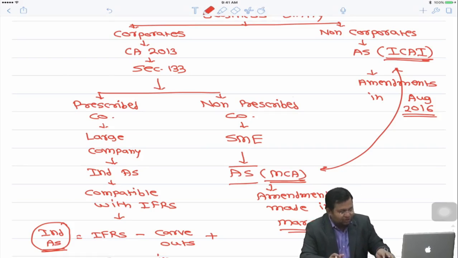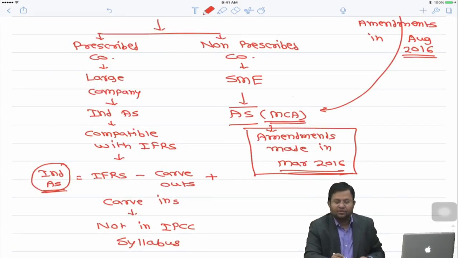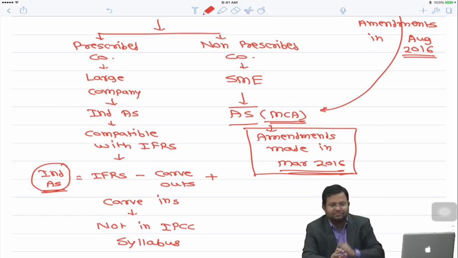Now, the most important change that was made by the Government of India in March 2016 was they deleted accounting standard 6 dealing with depreciation. They merged that depreciation principles with accounting standard 10 dealing with the fixed asset.